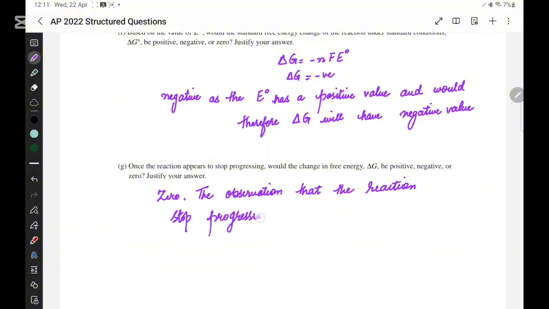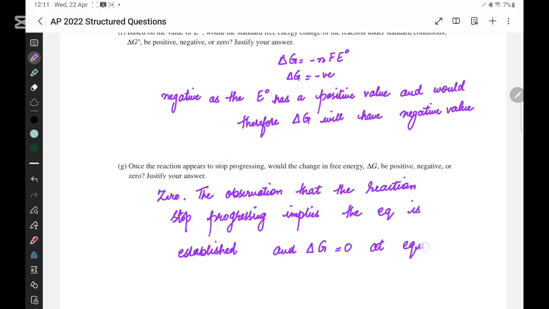What does that mean? That implies the equilibrium is established and delta G becomes zero. So the equilibrium has established and delta G becomes zero at equilibrium.